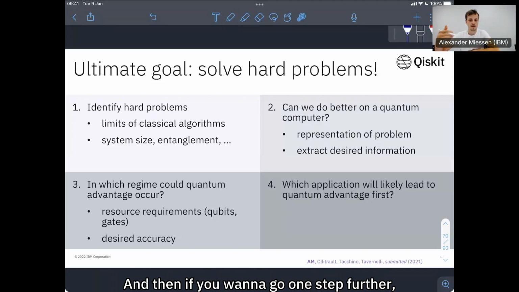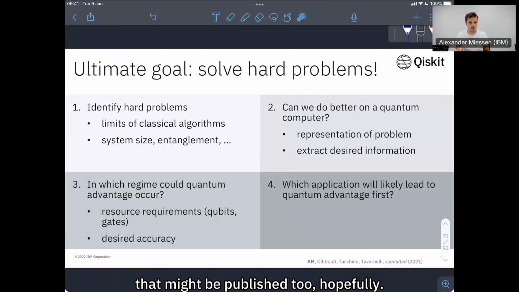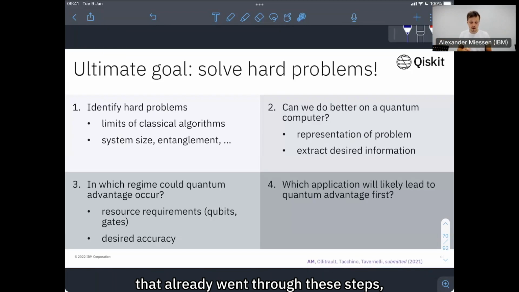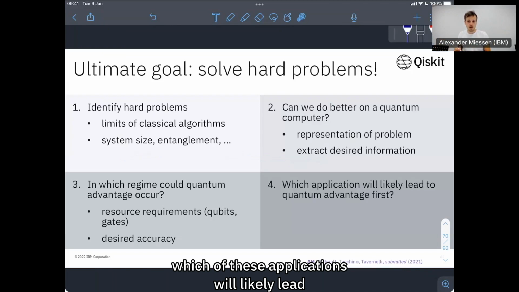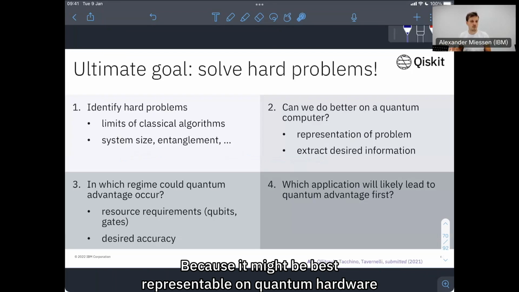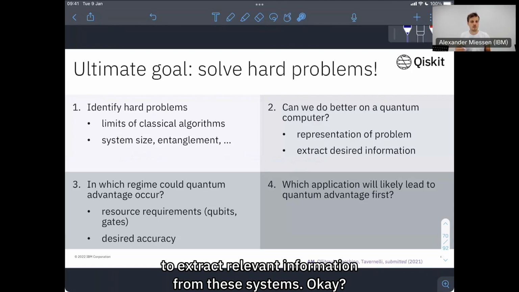And then if you want to go one step further, a question that we also targeted in this paper that might be published soon, hopefully. We also asked which application amongst many applications that already went through these steps will likely lead to a quantum advantage first, because it might be best representable on quantum hardware with few qubits, or because it might be easiest to extract relevant information from these systems.